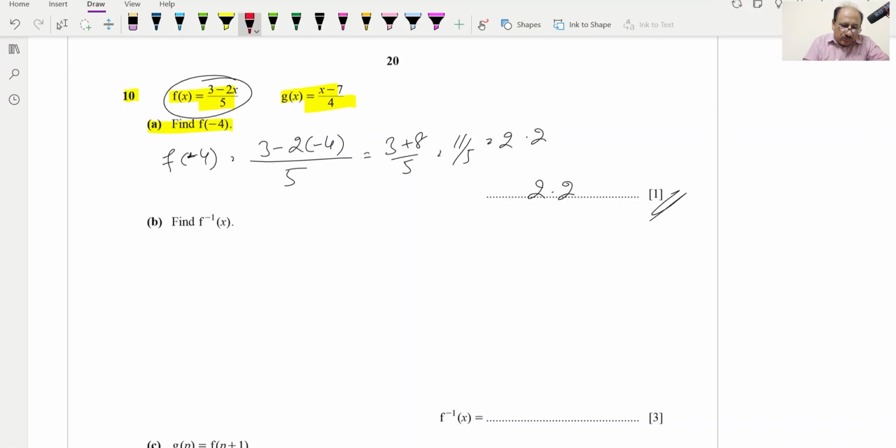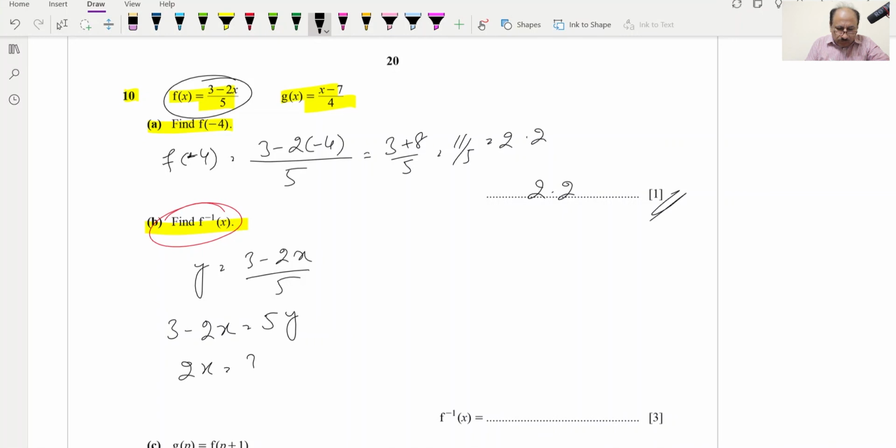The f inverse of x is required. So for this one we can write y is equal to 3 minus 2x by 5, and make x the subject. So 3 minus 2x is equal to 5y. So 2x is equal to 3 minus 5y. x is equal to 3 minus 5y divided by 2. Now we can swap x and y.